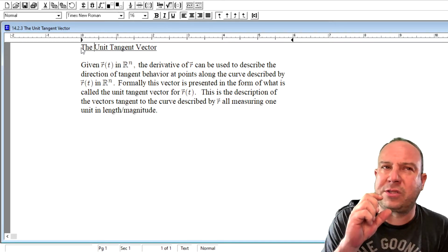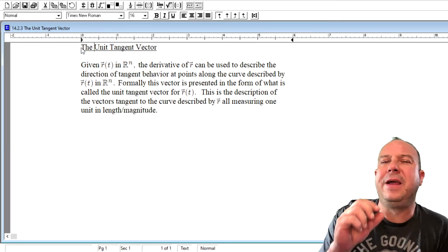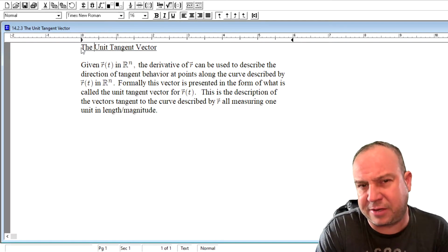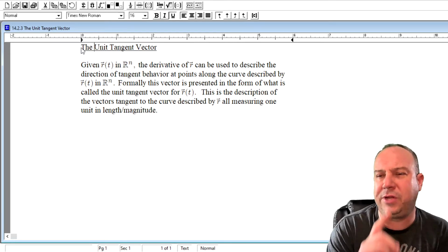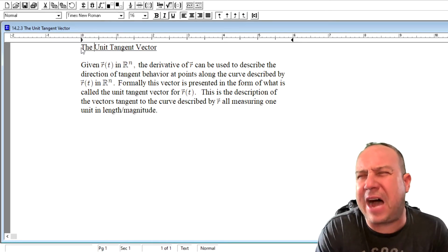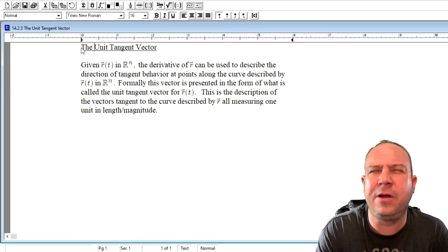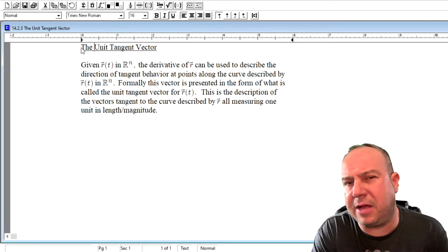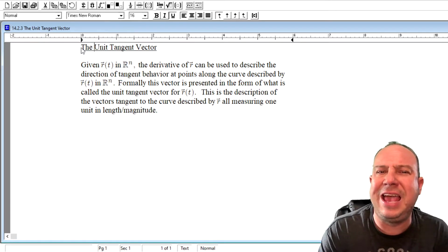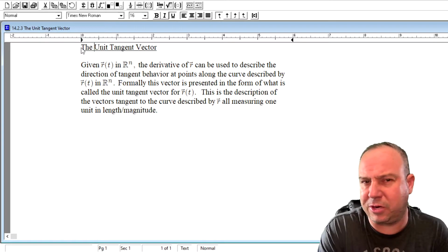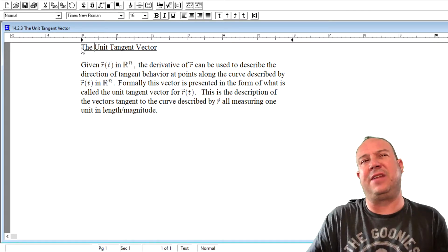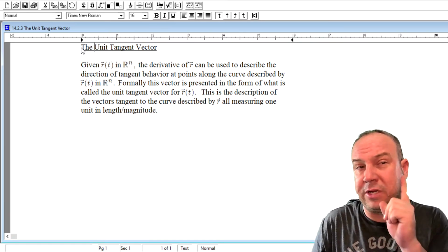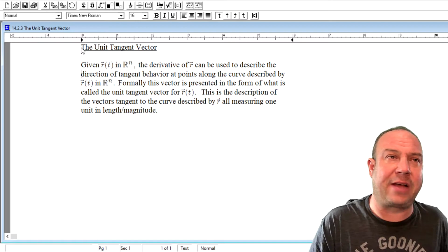When describing tangent behavior, we formally use what we call the unit tangent vector, a vector that is 1 unit in length. The way we do that is we divide that tangent description by its magnitude. Remember, any vector divided by its magnitude gives us a unit vector, a vector that's 1 unit in length. If we divide out its length, we're left with a vector that's 1 unit in length. All right, a unit vector.